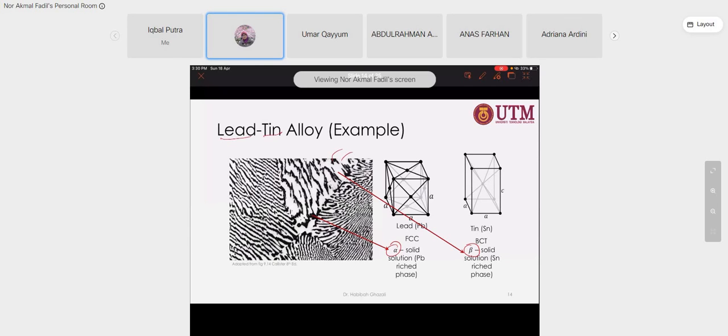They are contrast because they respond to the light or the electron from the microscope differently, because of the behavior of the atoms, the density of the atoms. So, for example, here the dark color, we call it phase alpha. And in this dark color or alpha phase, it is plumbum rich.